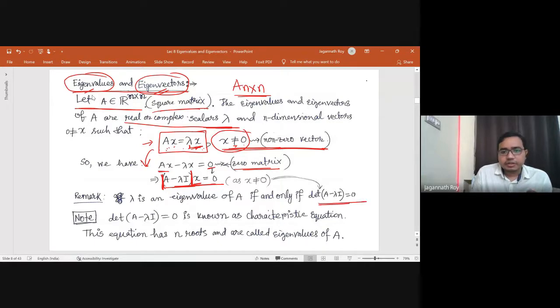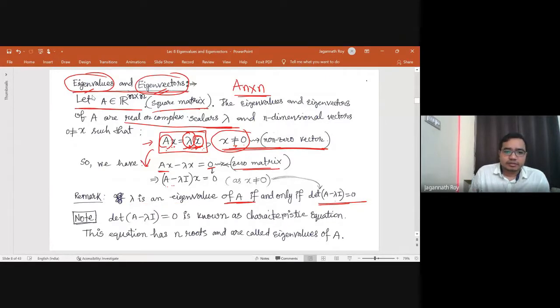So the determinant of A minus lambda I, where I is an identity matrix of the same order, is 0, then this lambda is an eigenvalue of this matrix. So remember what is happening here. Ax is lambda x. So this vector x is getting scaled by this matrix, and the coefficient of scaling is this lambda.